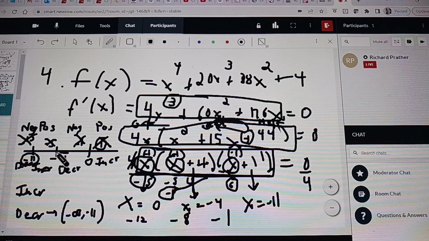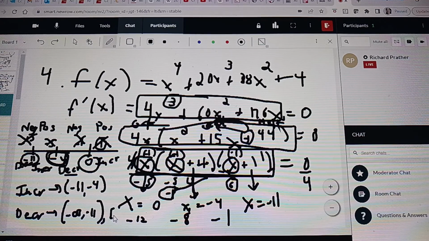Then it switches between -11 and -4. Now it's increasing. Then from -4 to 0, you're back to decreasing again. You just put a comma here, -4 to 0. And then from 0 forever after, it's increasing. From 0 to infinity, it's increasing.